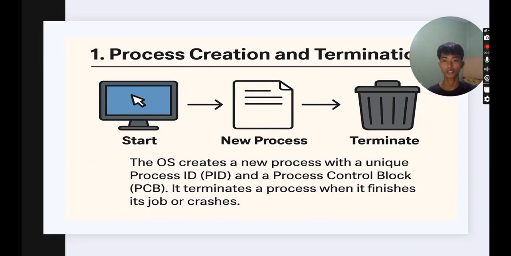So you start the process or an application, that's called a new process, and after the process, it will be terminated. The OS creates a new process with a unique process ID, what you call PID, and a process control block, PCB. It terminates a process when it finishes its job or crashes.